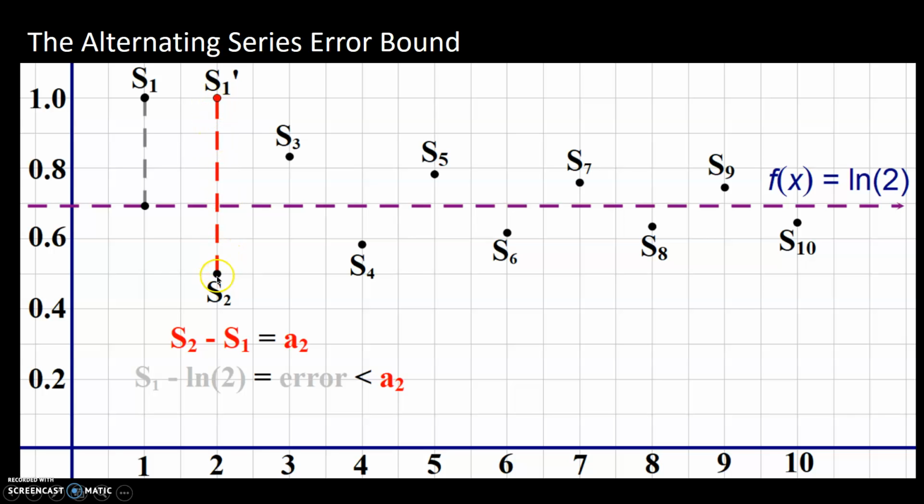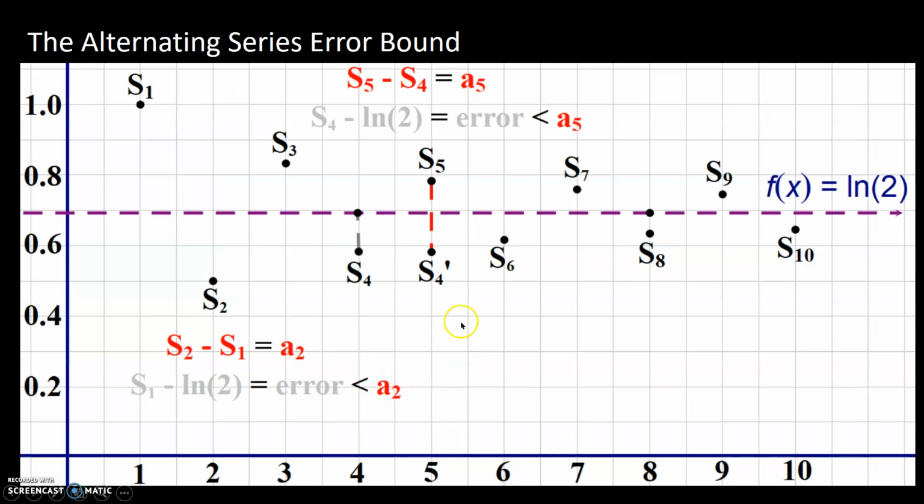How far is it from S2 to S1? Well, S2 minus S1, remember, is A2. And what we see here is that the error from S1 to natural log 2 is a smaller distance than that of S1 to S2, which is A2. So putting that step together, we know that the error between S1 and natural log 2 is less than A2.